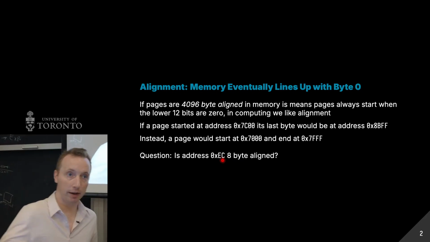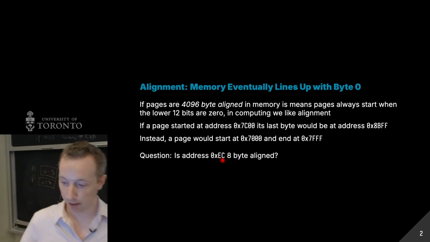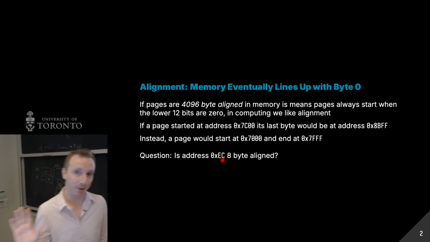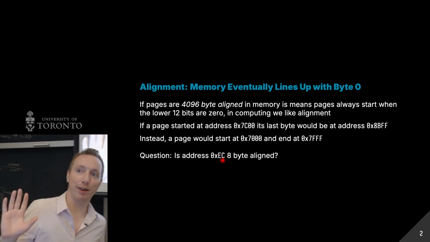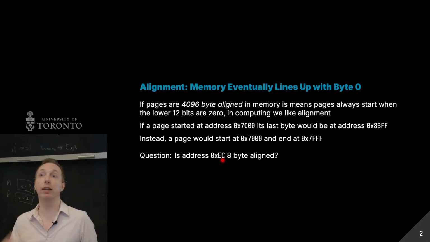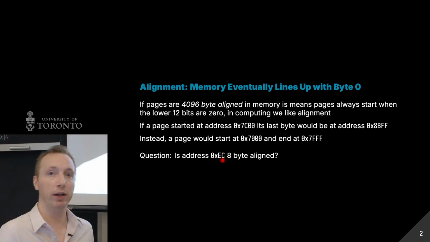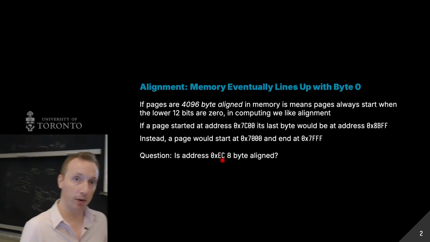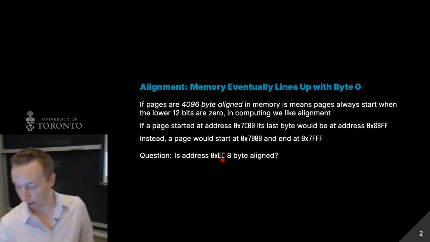So 0 and 8 are the only 2 options, and those are the only 2 ways we will be 8-byte aligned. So everyone okay with alignment, and that's why we don't have to store the entire address of a page, just the PPN, and we know it always starts at offset 0 and goes all the way to all 1s.